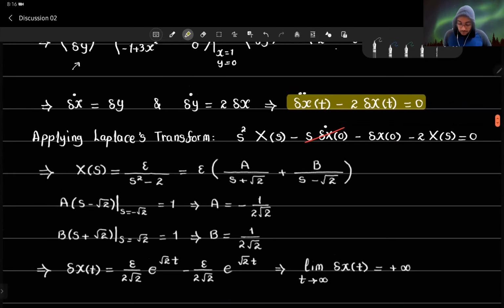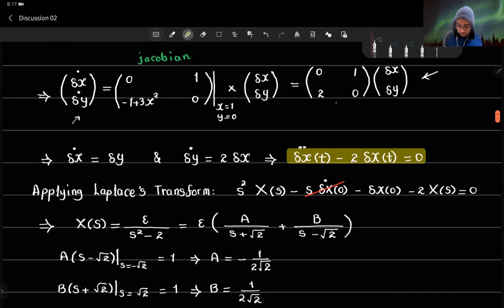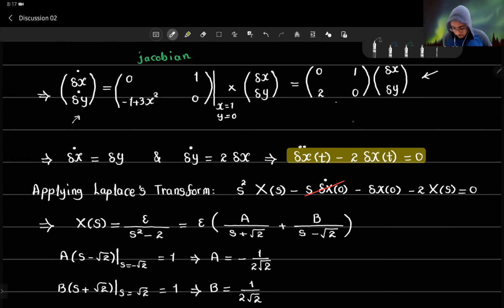If we apply Laplace transform to this equation, we get, let me do an abbreviation here. Let me say that Laplace of delta x of time is going to be equal to x of s.